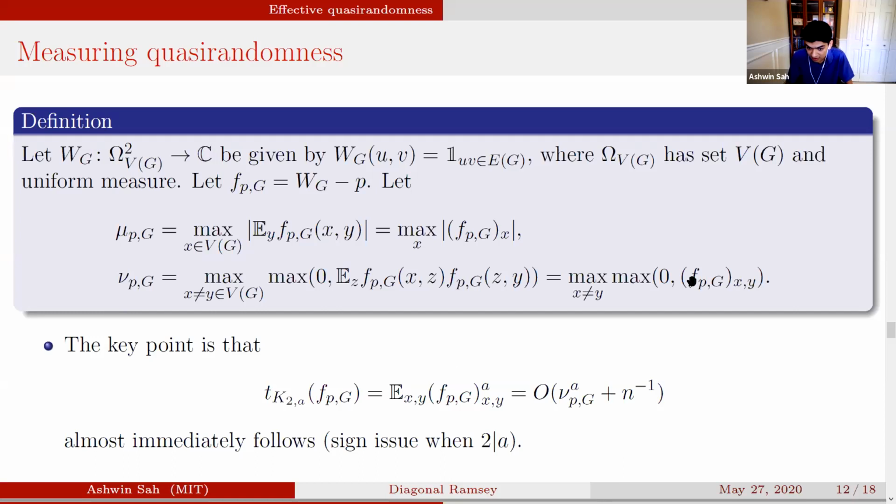Since we know that the codegrees are essentially bounded by nu, this expectation and therefore this density is bounded by nu to the power a, and then plus 1 over n, just because when x equals y, you don't have any control. So you just bound by, say, 1 or something.